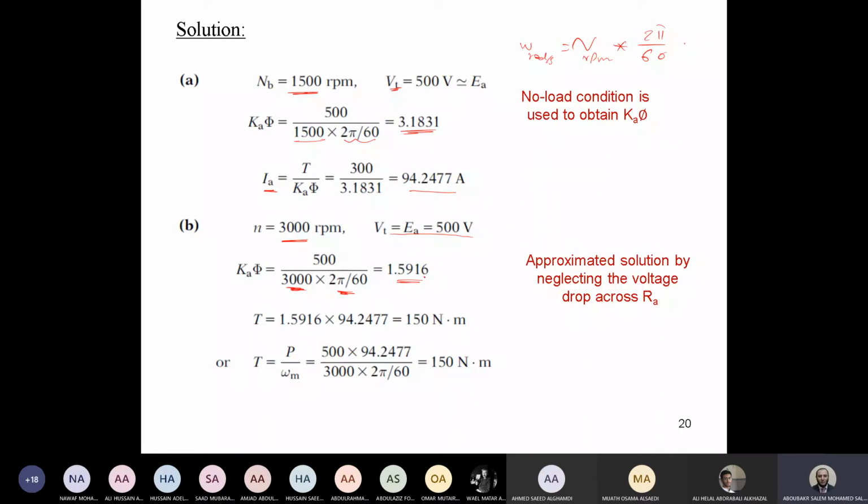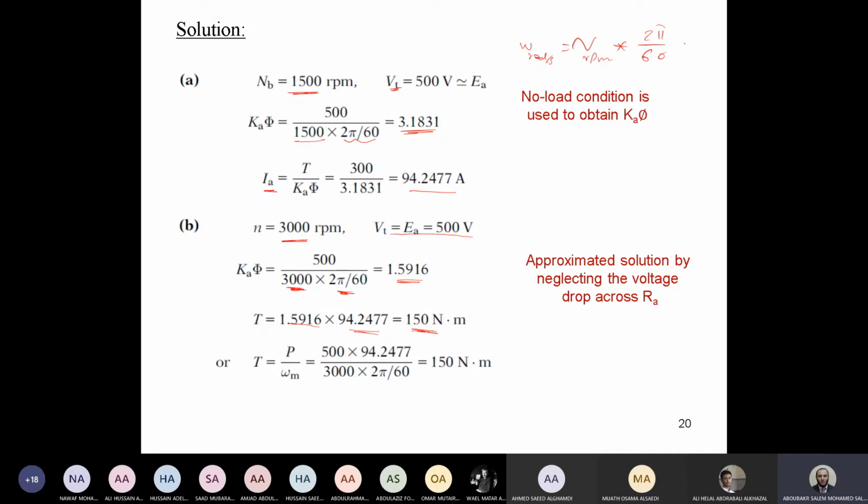Now simply we have the value of current because the power is constant, and this means that the current will be constant and voltage as well here. So we can say torque equals K phi, which we have already calculated, multiplied by the same value of current. This gives you the value of the new torque. As you can see, guys, the torque is 150 Newton meters. Before, the torque was 300 Newton meters.